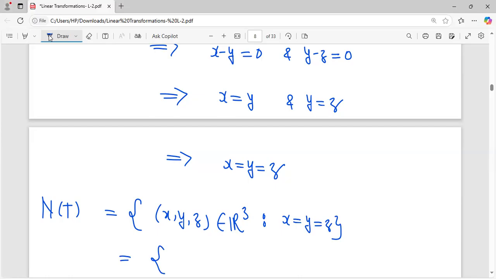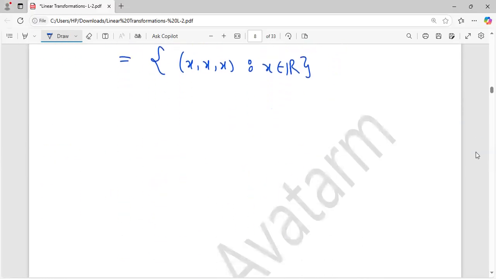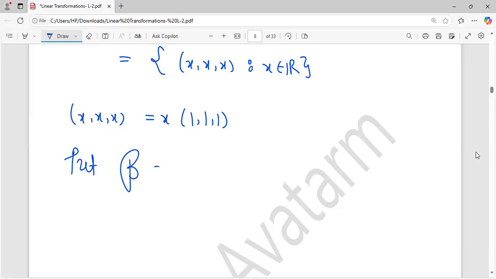So this is (x, x, x) such that x belongs to R. But this is x(1, 1, 1). So put this as a subset of the null space.